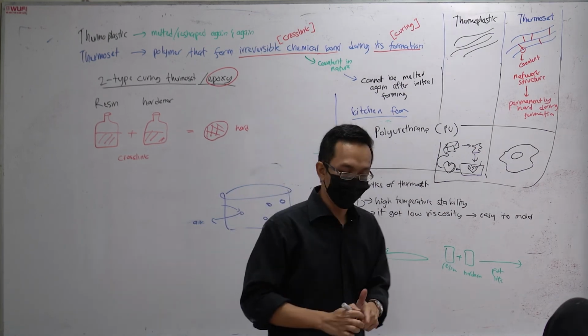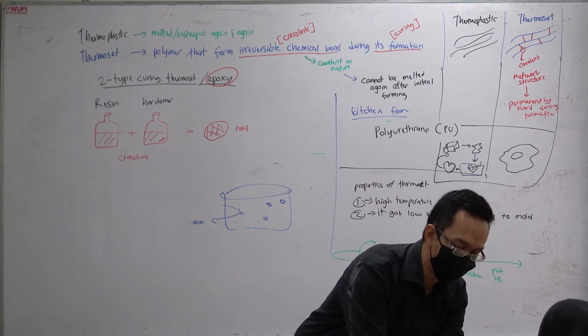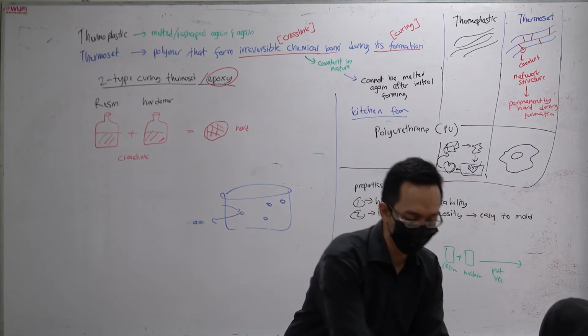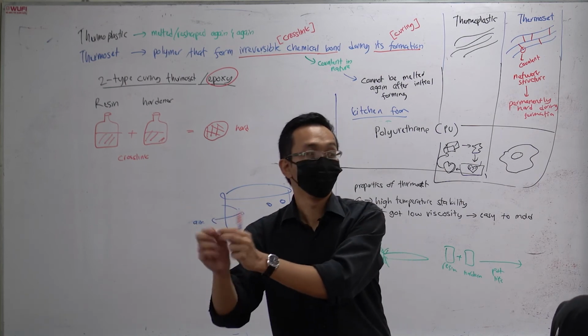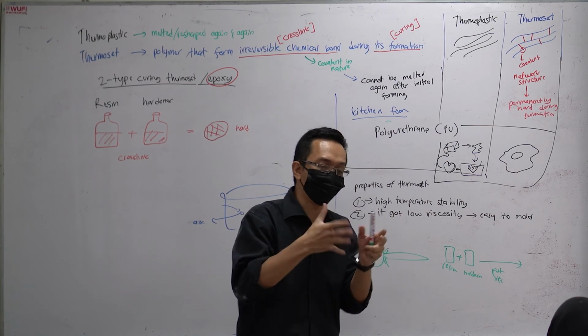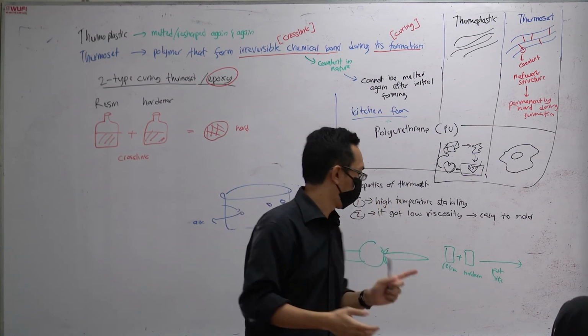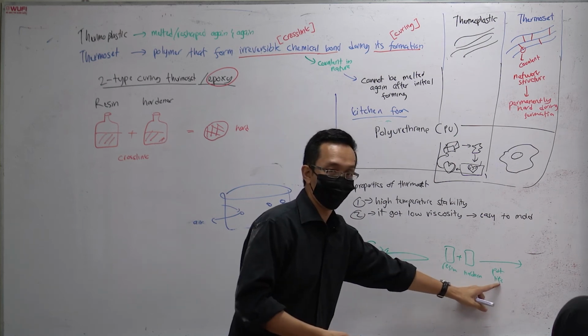For example, if you have something you want to glue together and this becomes very hard, then it's hard for you to transfer it to whatever you want to glue. So the duration where you can transfer or play around with the epoxy, we call it pot life.